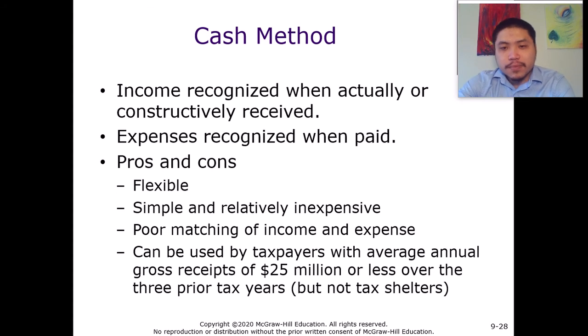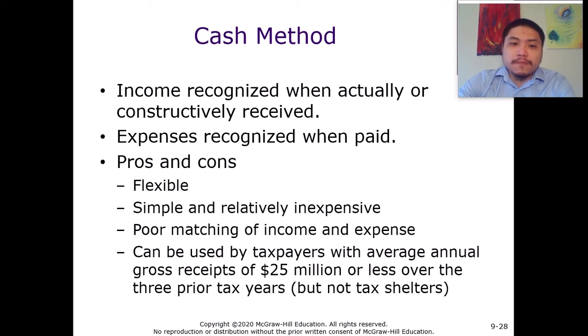And we recognize expenses when we pay the expenses. So there's going to be a time gap between the recognition of income and the recognition of related expenses. That's the main disadvantage of the cash method.